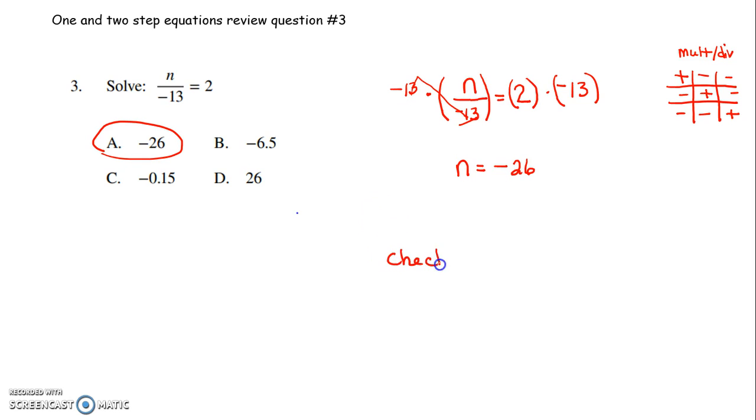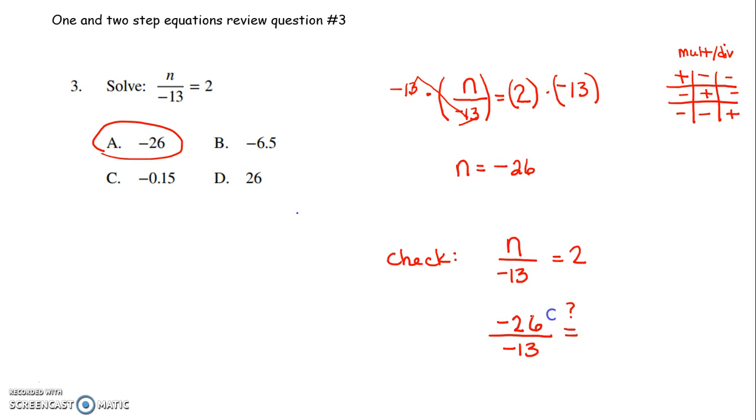And you'll notice for every one of these problems, I choose to show a check. So I write down my original equation. N over negative 13 equals 2. In place of n, I put whatever number I found for n. So in place of n, I write negative 26. We still have our fraction bar. We still have our negative 13.